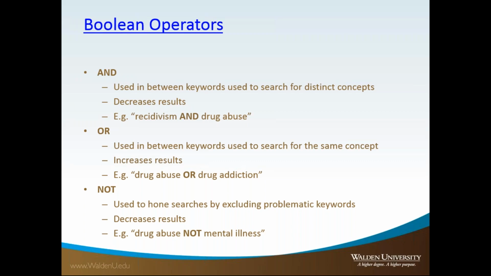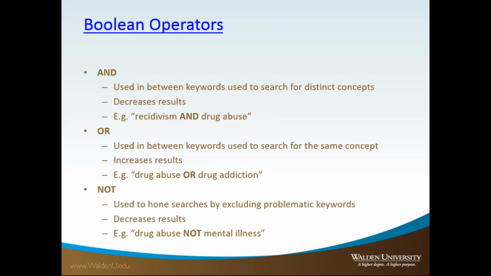And in those cases, we might want to use this word not just to clarify to the database what we want to see. So we might type in drug abuse, not mental illness. So if we were interested in drug abuse, but not as it relates to mental illness, we might do it that way.